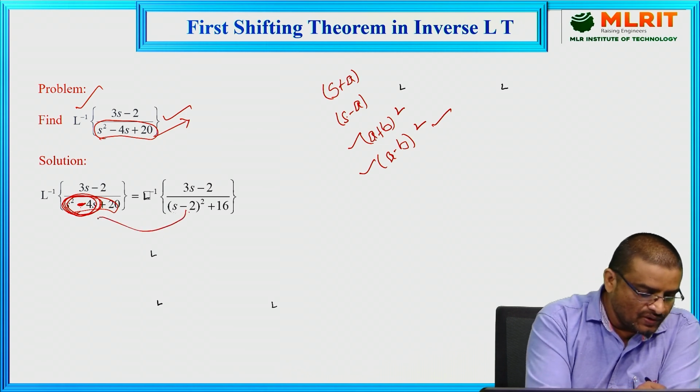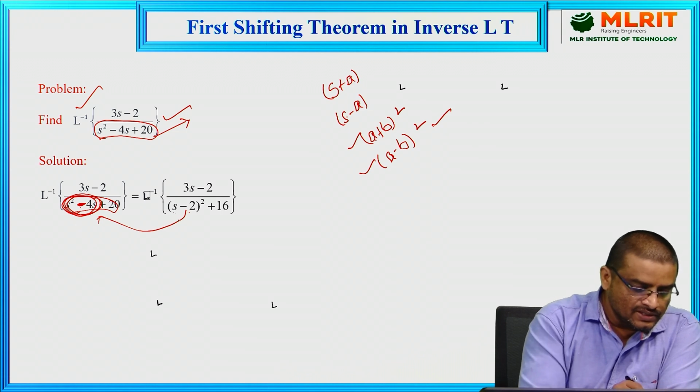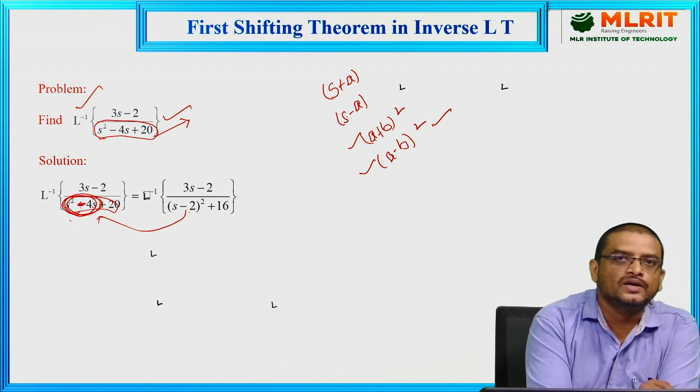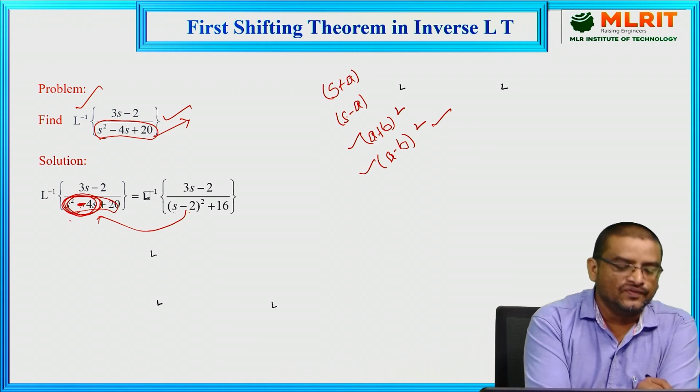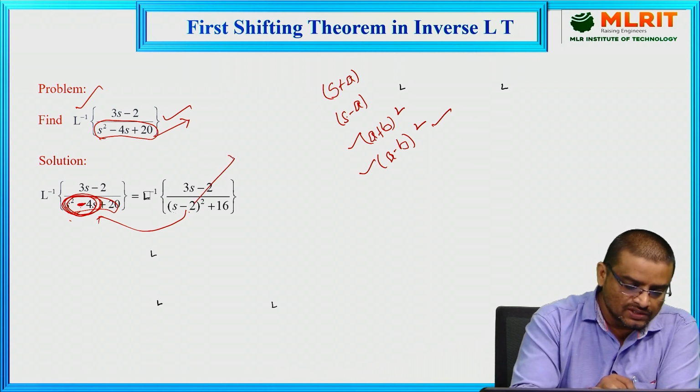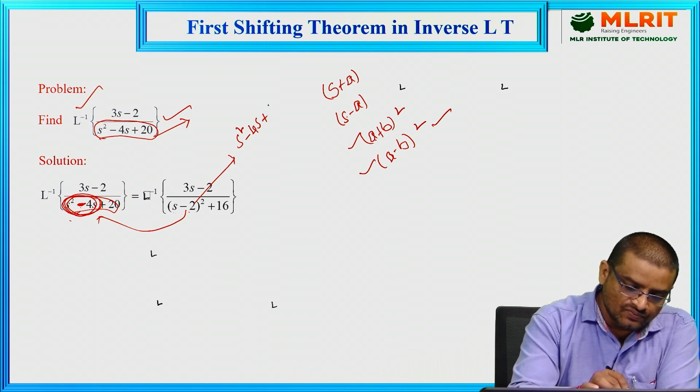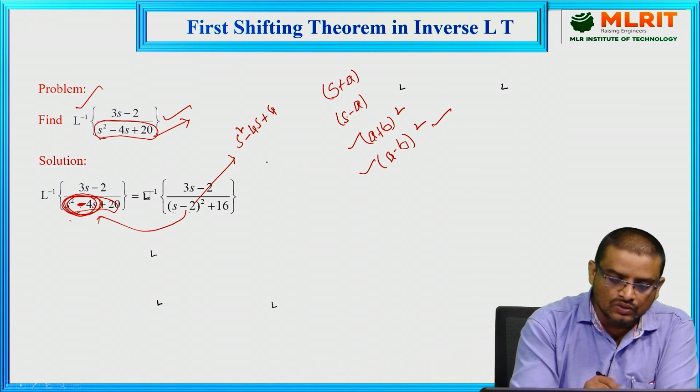If you expand this, the expansion is s square minus 4s plus 4, the a minus b whole square form.